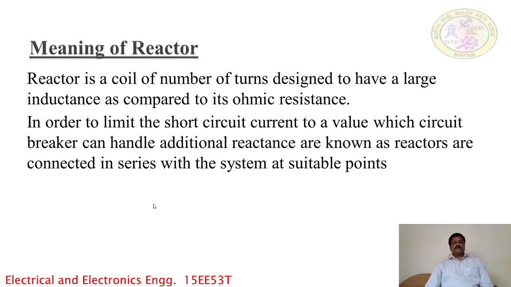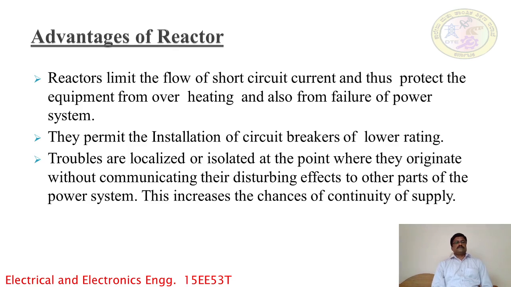Another important topic is the advantages of the reactor. The main advantage is that reactors connected in series with the transmission line limit the flow of short circuit current and avoid any failure of the power system.